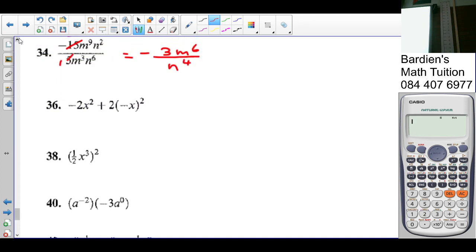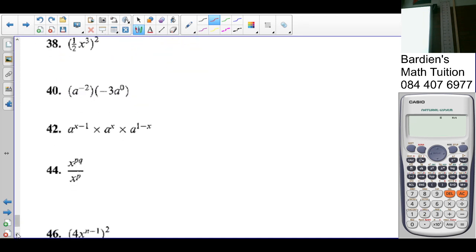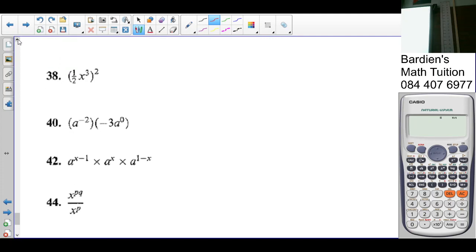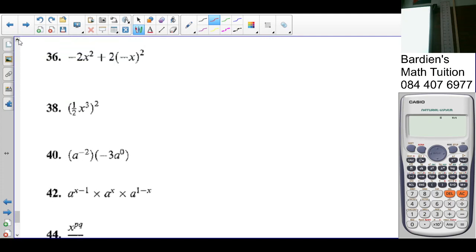Okay, so we are at number 36 now. Alright. Now there are two terms here. The first term is already simplified, so it's negative 2x squared plus 2 times, what's negative x squared? Positive x squared, not so?